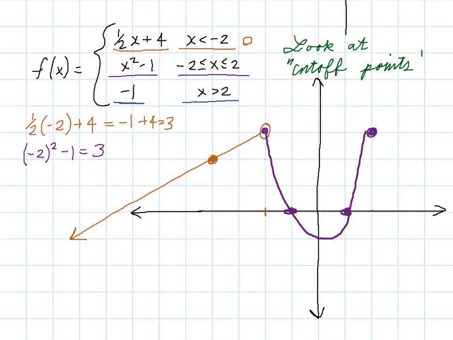So I just need to go over to x equals 2 and go down to -1. Do I want an open point or a closed point there? An open point, since the inequality says x is greater than 2. And then that goes on forever to the right because it's for all x values greater than 2.